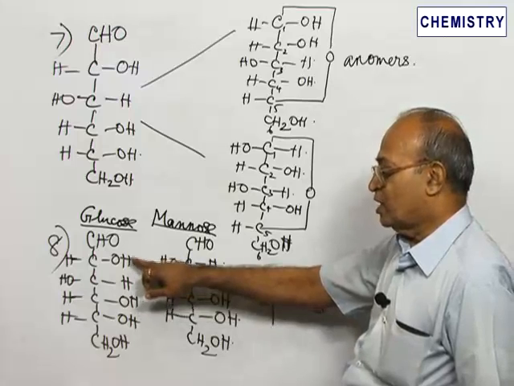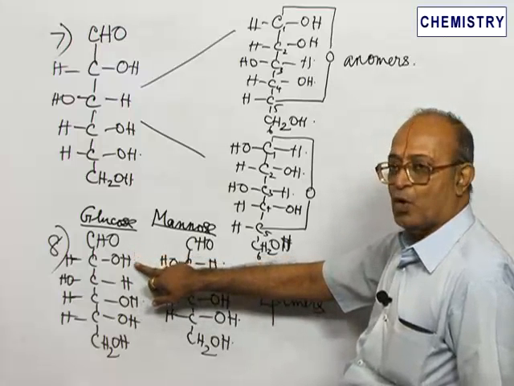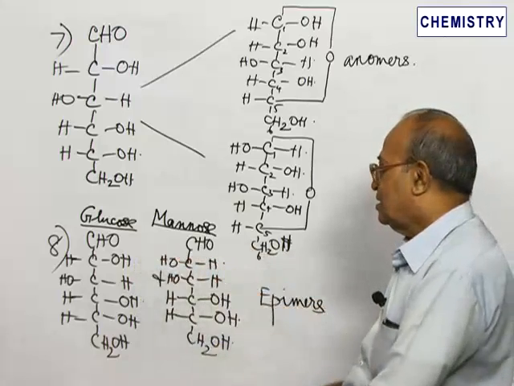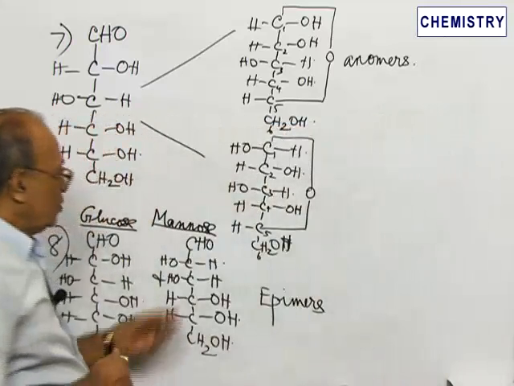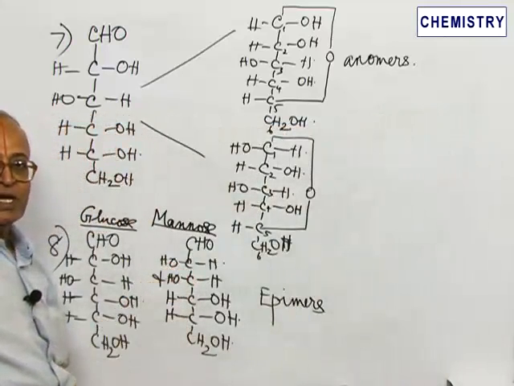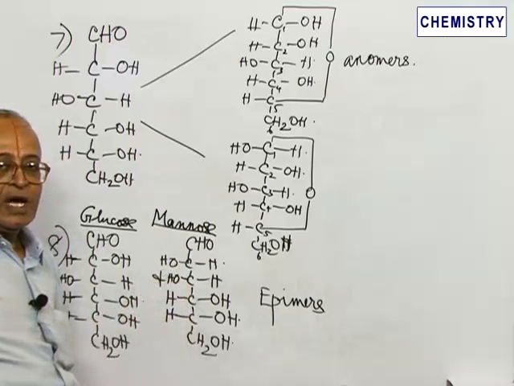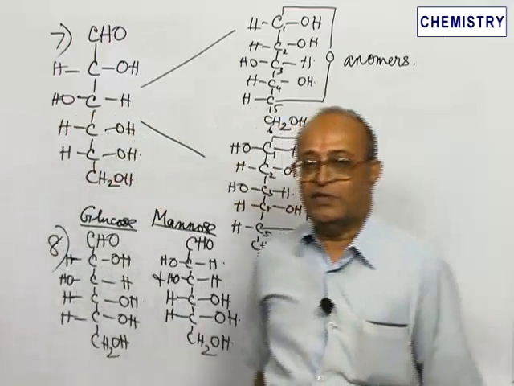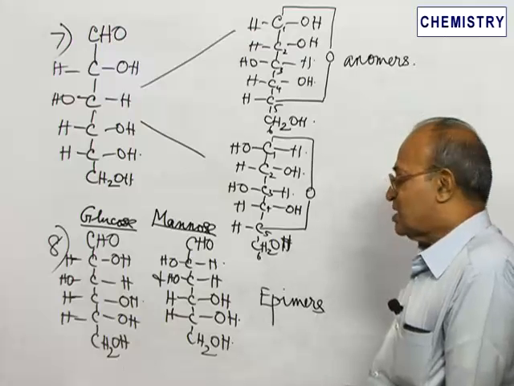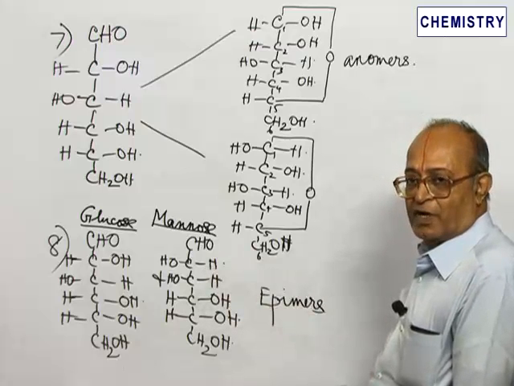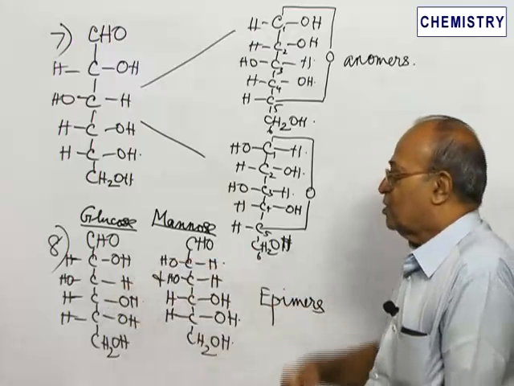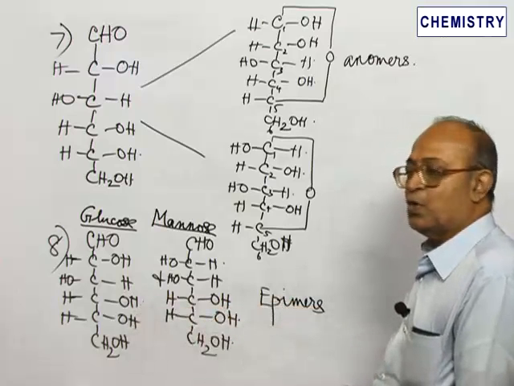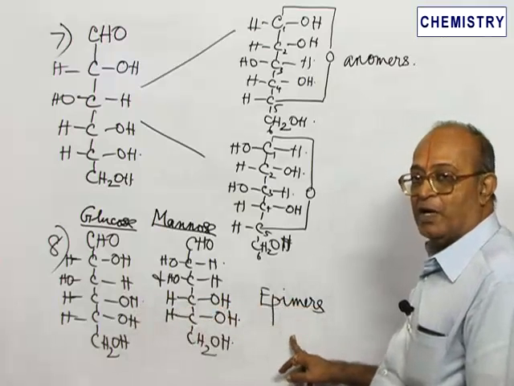But the difference lies in the configuration around carbon number 2. In glucose, you can notice around C2, OH lies on the right hand side. But in the case of mannose, you notice around the second carbon, OH group lies on the left. So, if the configuration around the second carbon atom is different, like glucose, mannose cases, then these two are known as epimers.